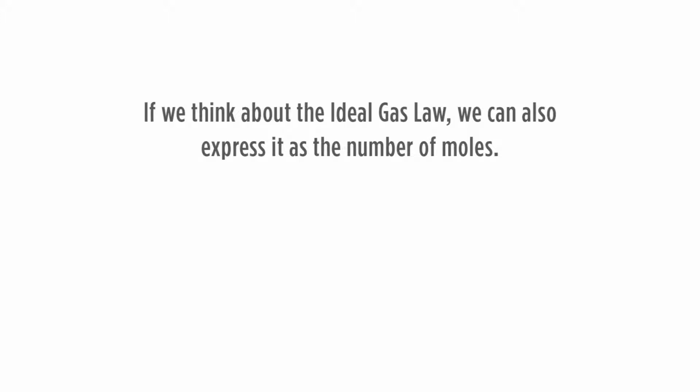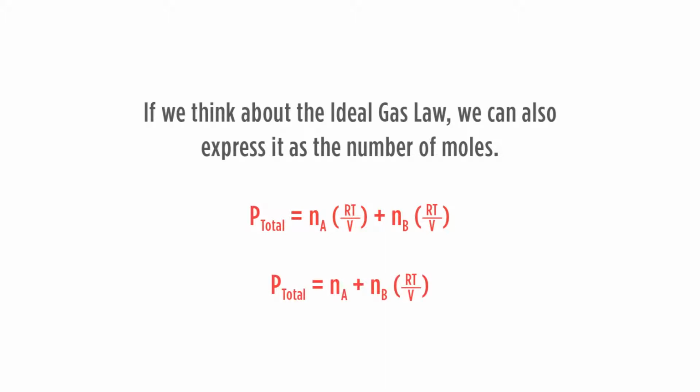So we can express it as P total equals the number of moles of A times RT over V plus the number of moles of gas B times RT over V. Or we can convert that into P total equals the number of moles of gas A plus the number of moles of gas B, times RT over V.